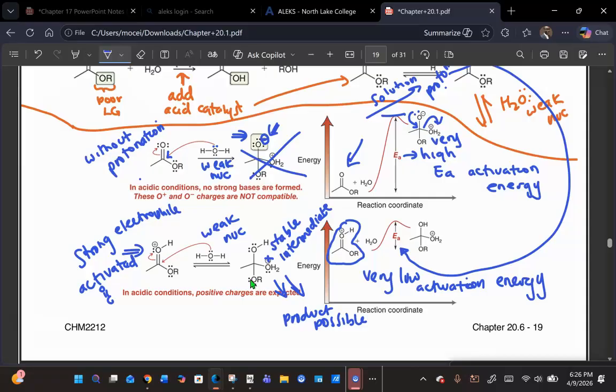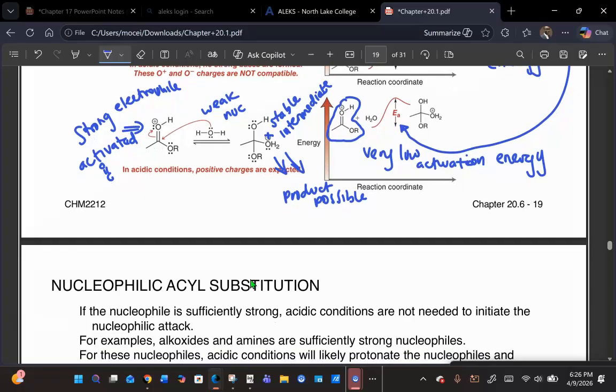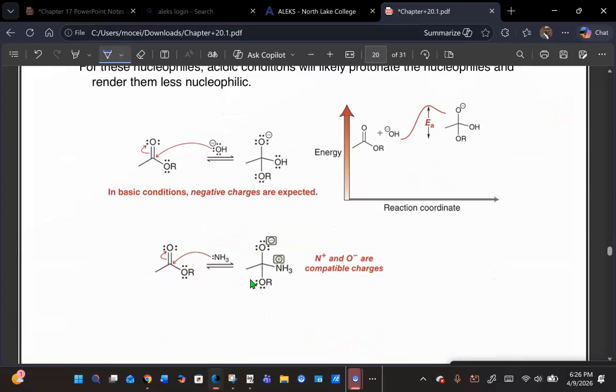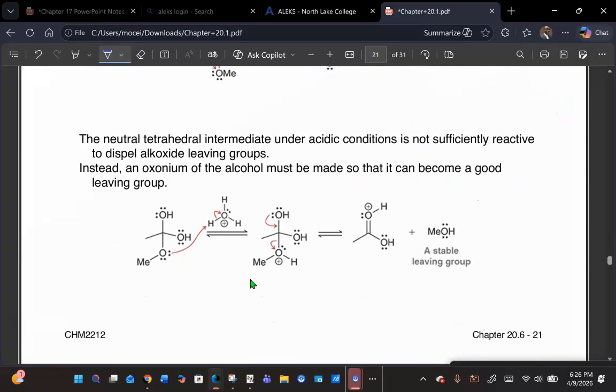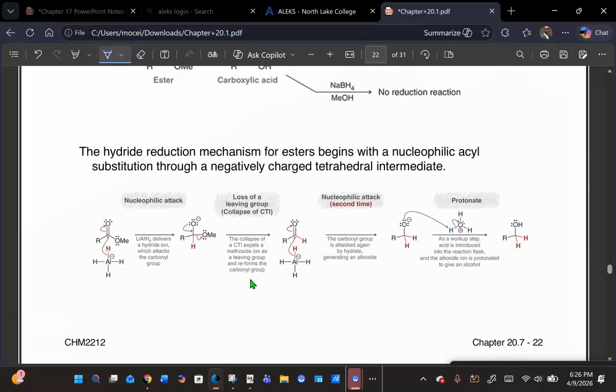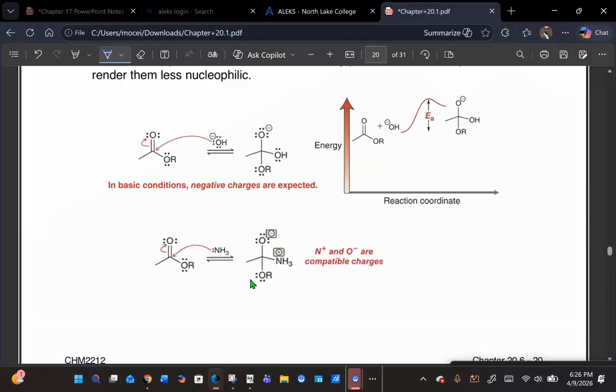The first step is a P step because you have a poor leaving group and you have a weak nucleophile. Does that make sense? So now that gives us the basis for doing the reactions later on. We are coming there, we are just giving ourselves a foundation.